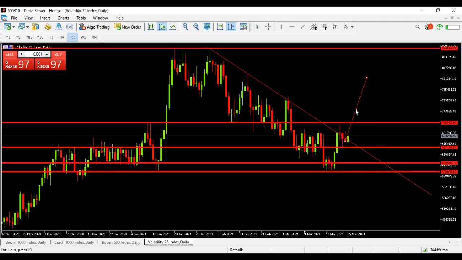If you break through this trend line now, and then come back to touch it, and then make a sign of going like this, it means that the downtrend is gone.